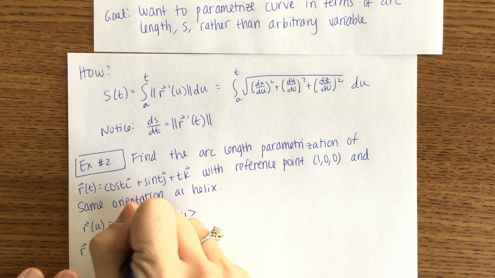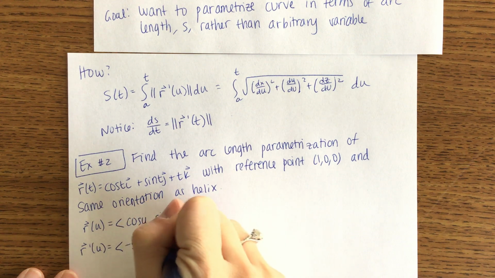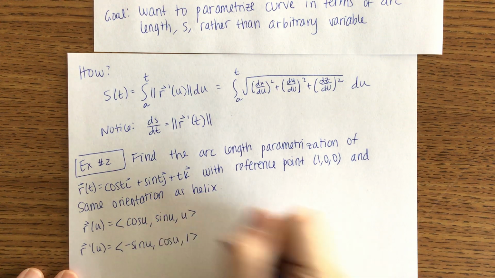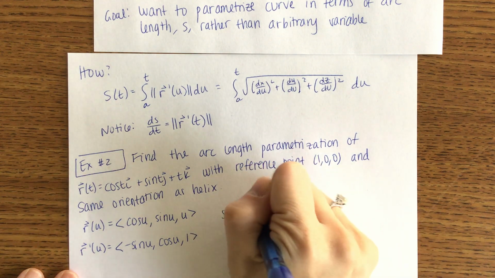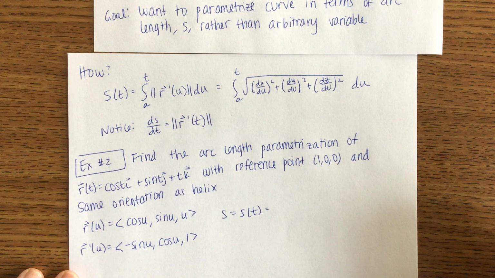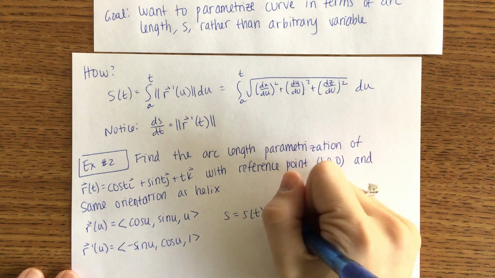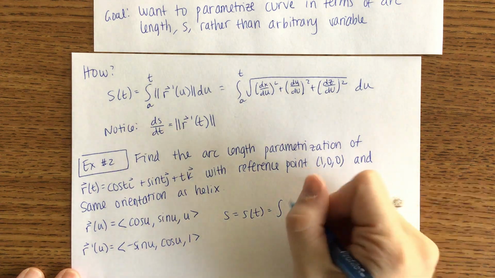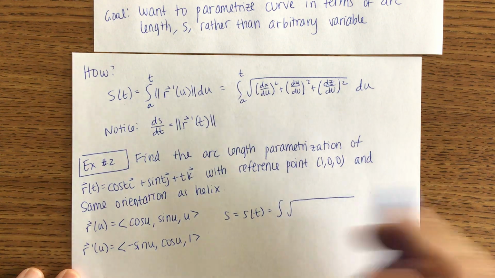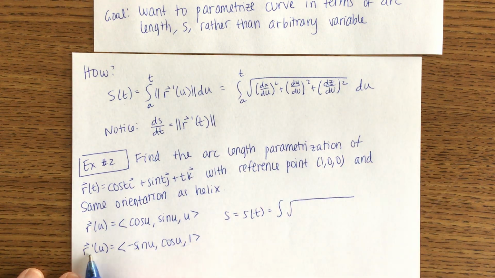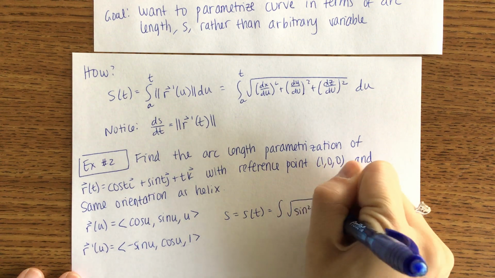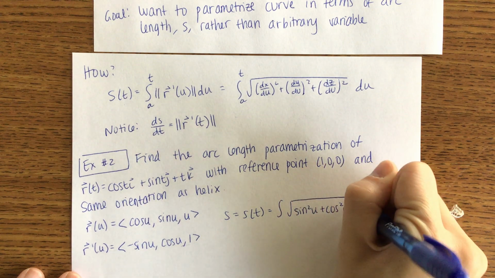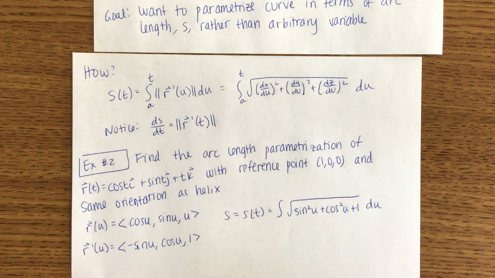So we get negative sine of u, cosine of u, and 1. So s of t, we'll figure out the bounds in a minute, we're going to integrate the square root of the norm of this vector valued function. So we get the square root of sine squared of u plus cosine squared of u plus 1, integrating with respect to u.